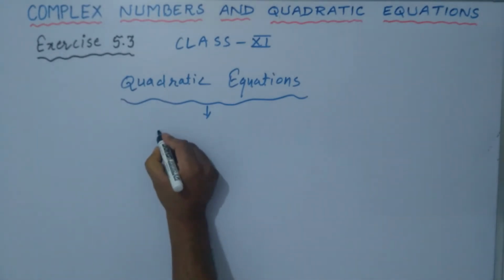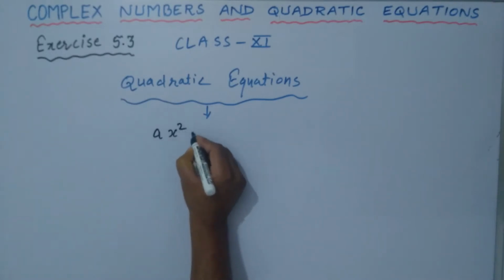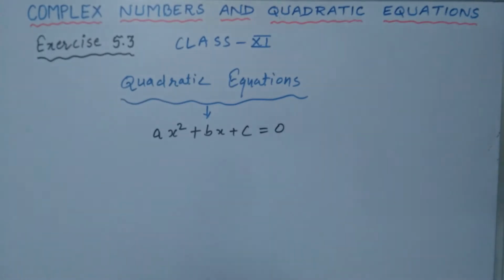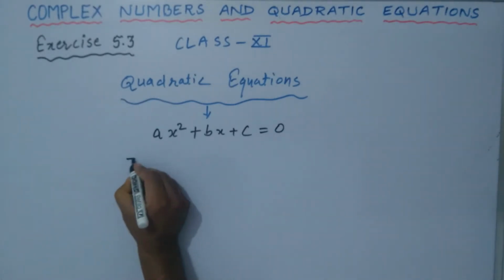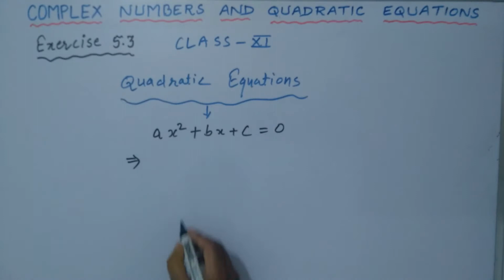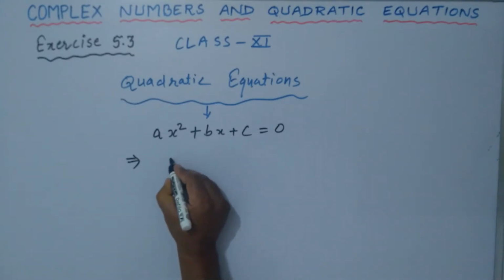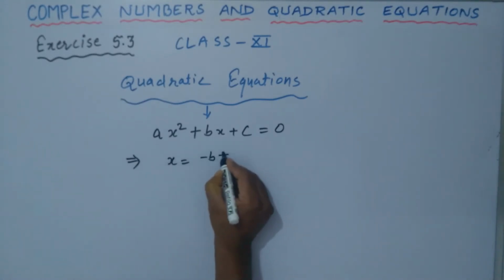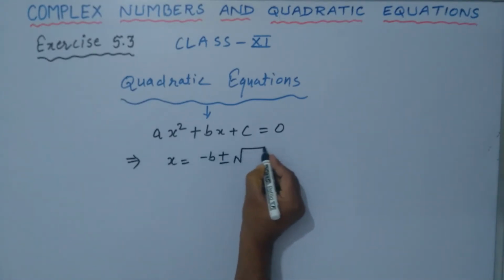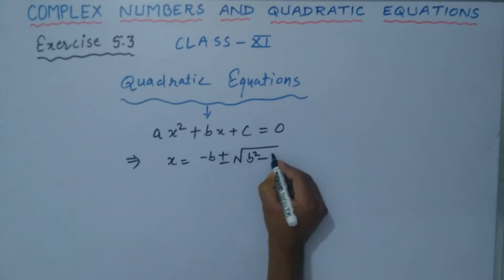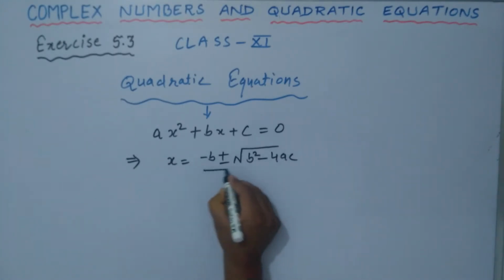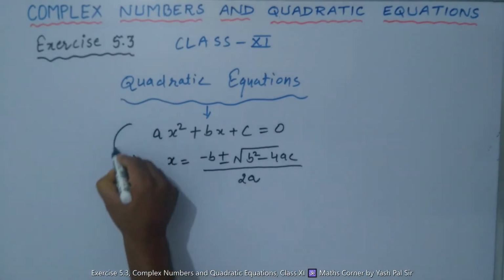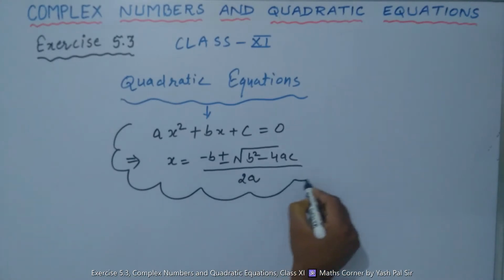A quadratic equation is of this form: ax square plus bx plus c is equal to 0, and from this we know that the value of x, that is the root, is equal to minus b plus minus square root of b square minus 4ac, whole divided by 2a. This way we used to find the roots of the equation.